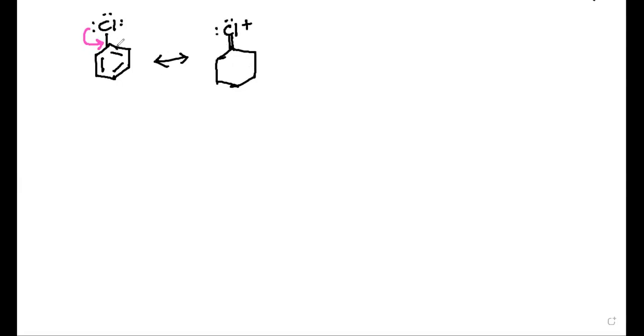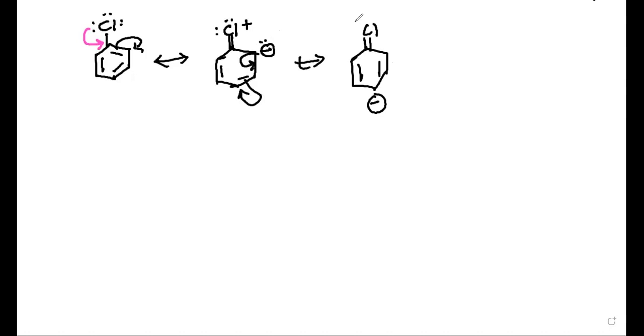This electron comes out here, and we have negative charge here. Then we have this double bond. Then, my dear students, when the electrons of this double bond come here, they settle at that place. So you will have negative charge here, you have double bond, and then you have Cl.